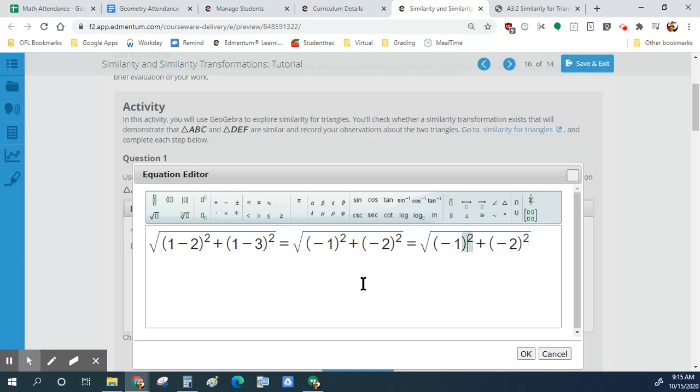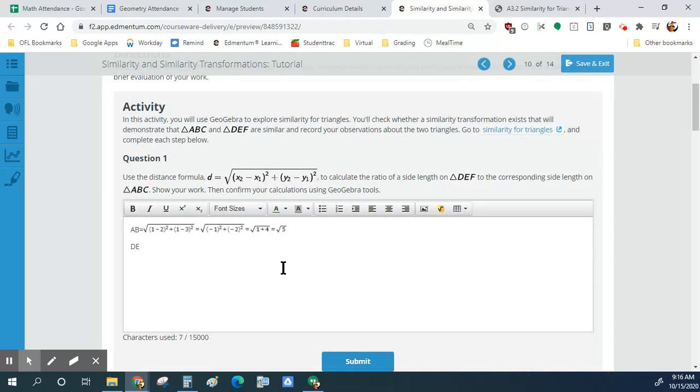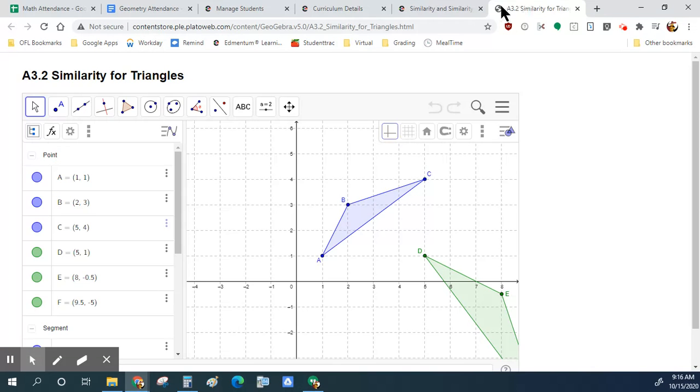So when we square this, it's just going to be 1 times 1, which is just +1. We're going to square this, which is just 4. And then we end up with the square root of 5. That's our AB. AB is the square root of 5.